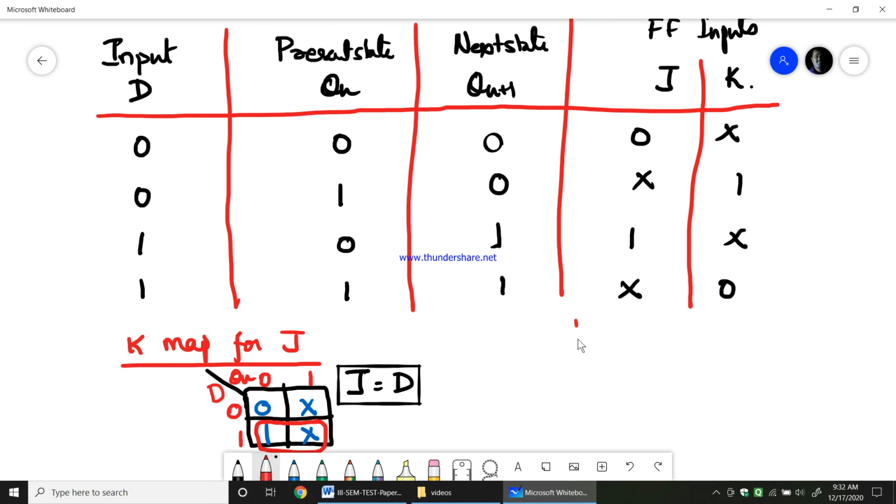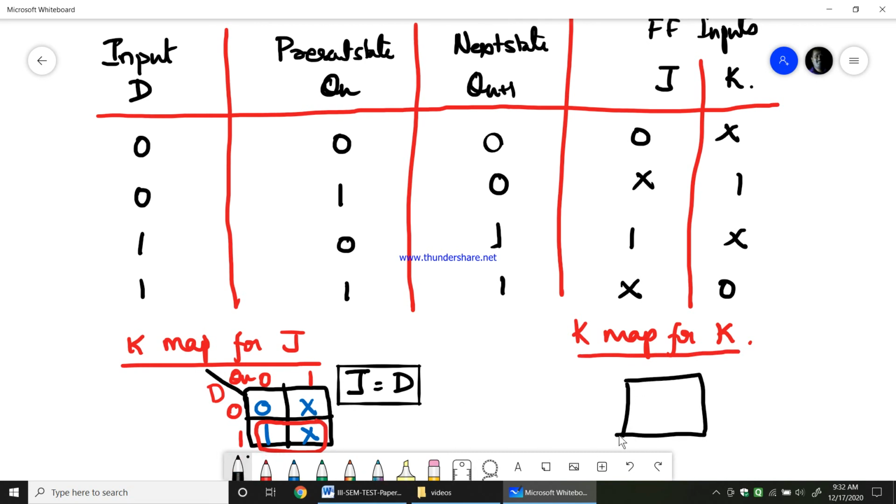Now we'll write the K-map for K. Again 2 variable K-map, D and Qn, 0 1 0 1. Now when D and Qn is 0 0, K is don't care. When D is 0, Qn is 1, K is 1.